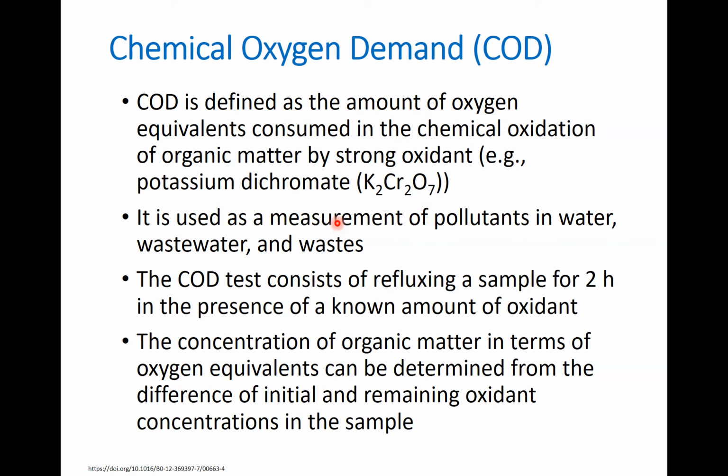You just take a sample and put it in the test tube and add the strong oxidant, in this case the potassium dichromate, and then the test consists of refluxing this sample for 2 hours in the presence of the oxidant. The concentration of organic matter in terms of oxygen equivalents can be determined from the difference between the initial and the remaining oxidant concentration in the sample after the 2 hours.